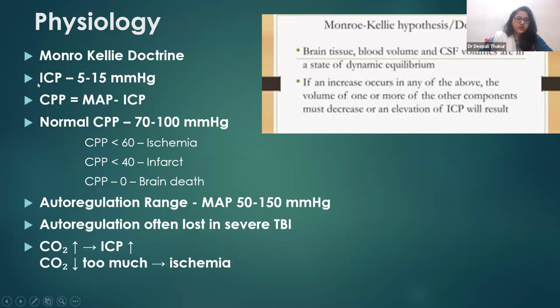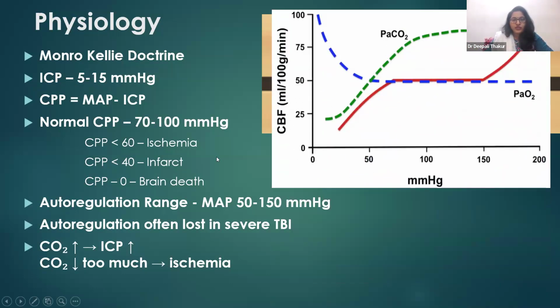Then we have to know what the normal intracranial pressure is, which is 5 to 15, and cerebral perfusion pressure, because this is very important in traumatic brain injury, to maintain the cerebral perfusion pressure in order to avoid ischemia, infarction, and brain death. We all know that cerebral blood flow has an autoregulation range from 50 to 150, right?